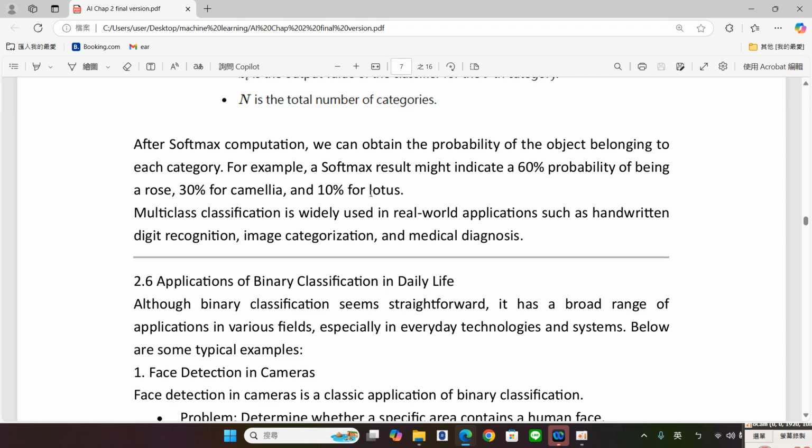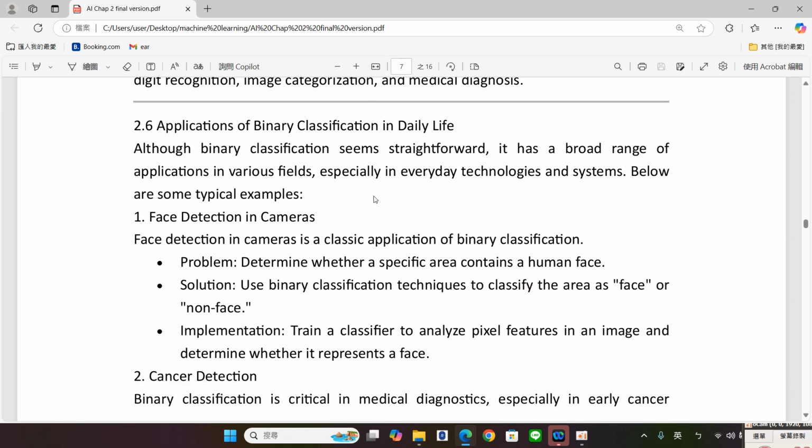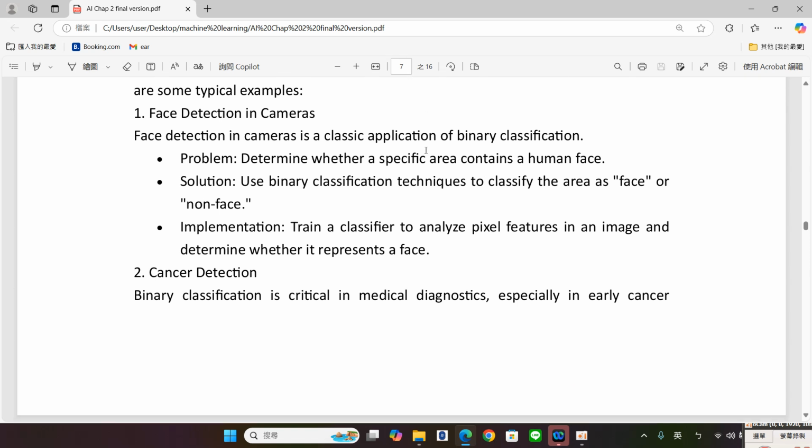2.6 Application of binary classification in daily life. Although binary classification seems straightforward, it has a broad range of applications in various fields, especially in everyday technologies and systems. Below are some typical examples. 1. Face detection in cameras. Face detection in cameras is a classic application of binary classification.